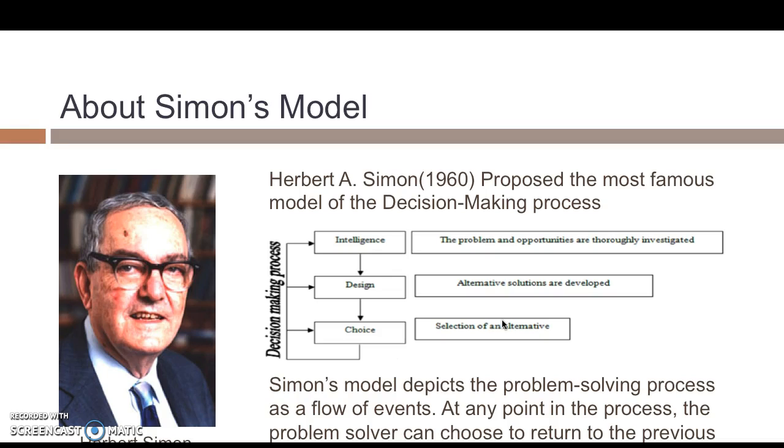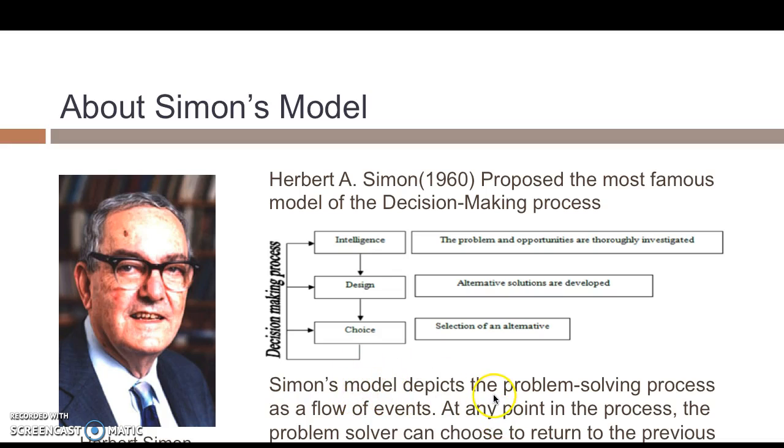Say for example, if I want to purchase a smartphone, from my point of view, I will see what budget I have. Again, I will see what features I want in my smartphone. So according to the available alternatives from the market, I will analyze the alternatives within my budget, and in that category I will select the one that best suits my need. So this is the choice phase.